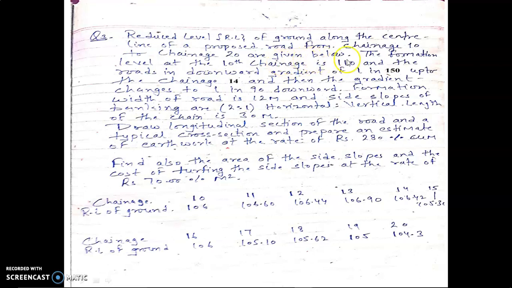So chainage 10 is 110 and it is a downward gradient of 1 in 150 up to chainage 14, which means up to chainage 14 our road goes downward at 1 in 150. We already know that one chainage is equal to 30 meters. And after chainage 14 our downward gradient is 1 in 90. Here we have been given formation width of 12 meters and side slope of 2:1, and this is our ground level.